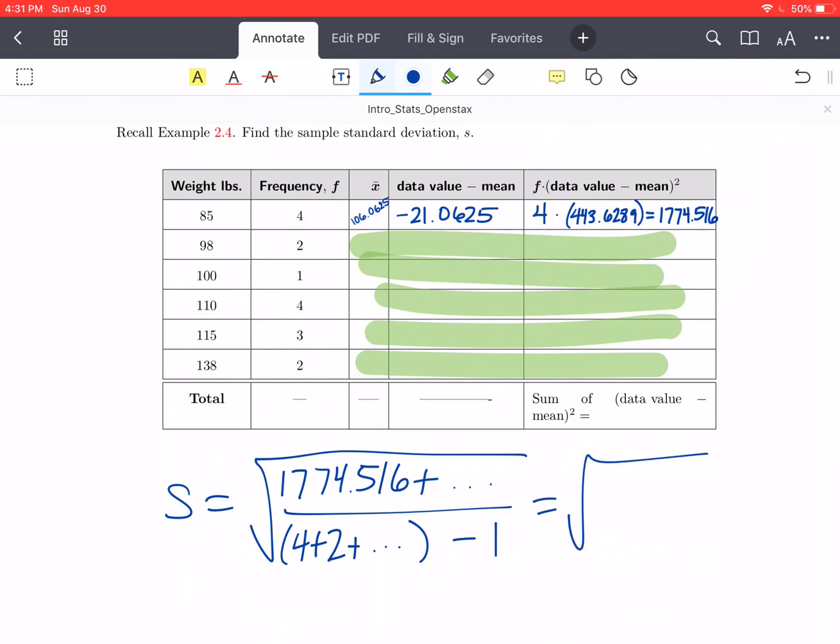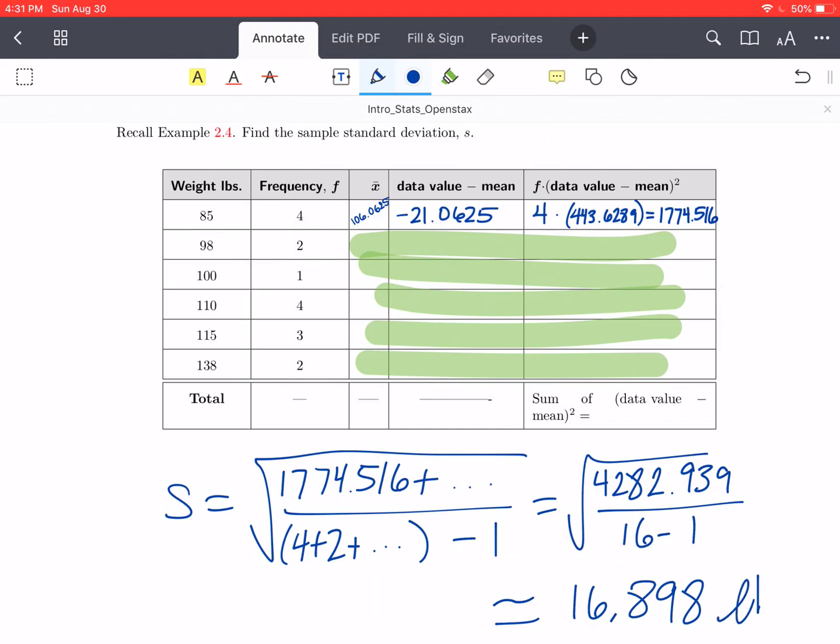I can tell you if you were going to add all those up, you would get 4282.939 over 16 minus 1, which is approximately 16.898 pounds.